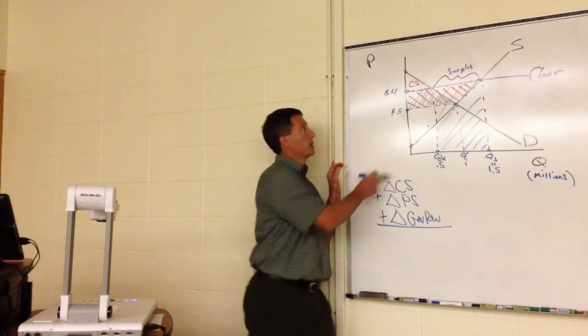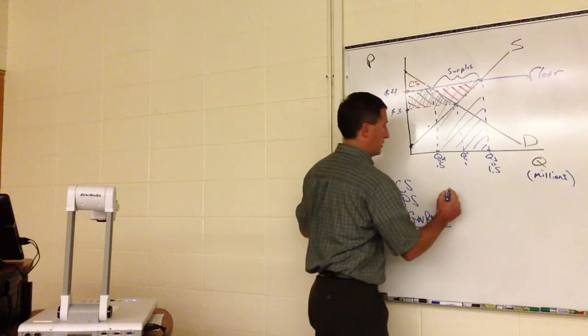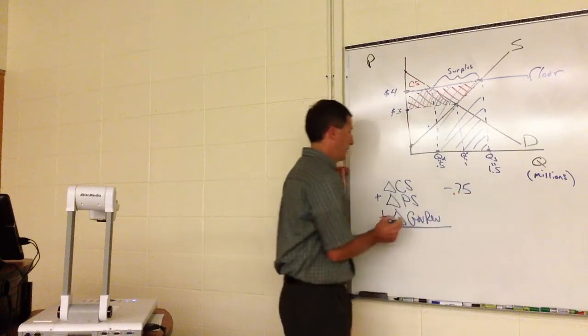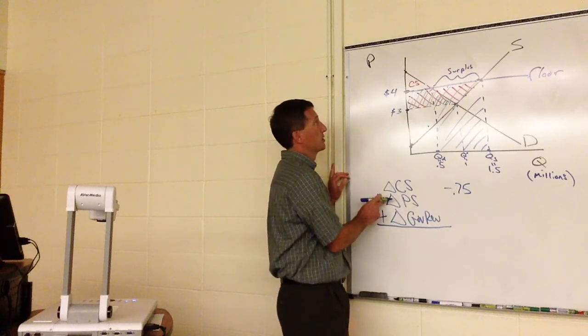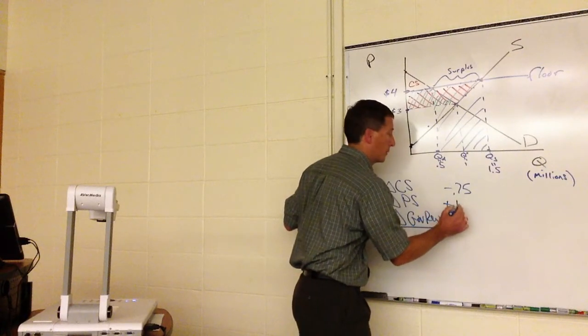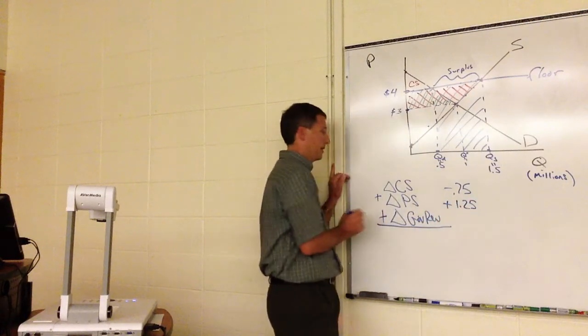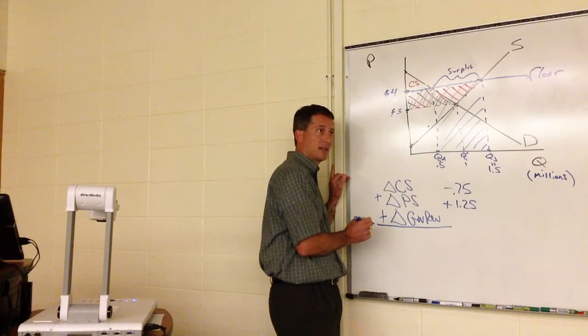And in this case, the change in consumer surplus is something negative. Negative 0.75. And producers gained how much? 1.25. And then government, did they gain that?